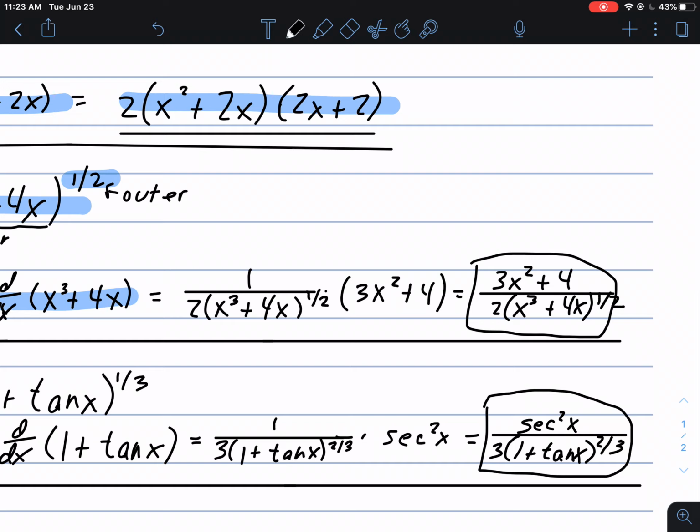Okay? And then, of course, if you chose, you could rewrite that denominator as 2 times the square root of x cubed plus 4x. We've talked about before, and this is going to continue to be more and more of an issue because we're now dealing with functions that are much more complex, there's more parts to them.